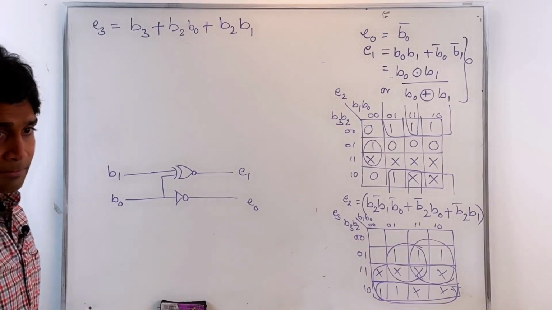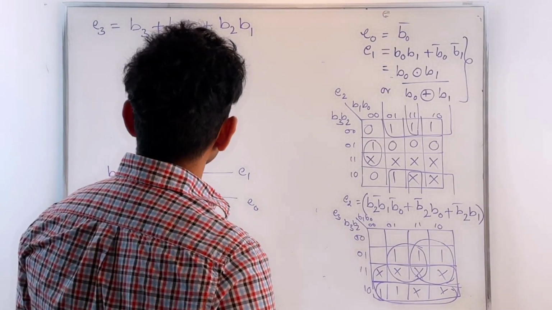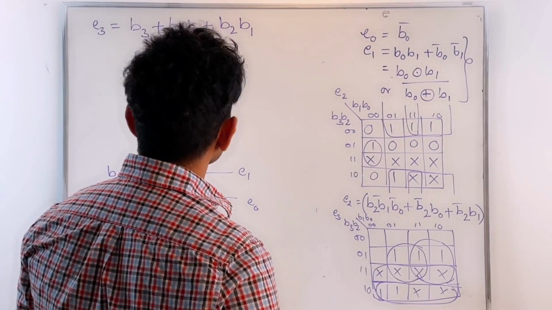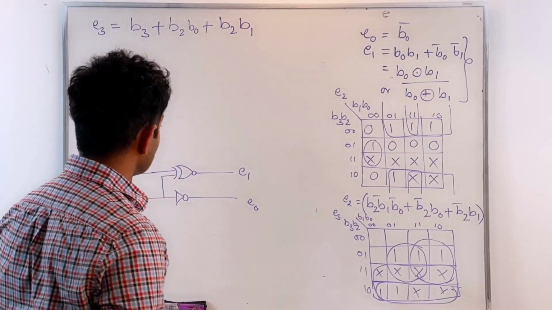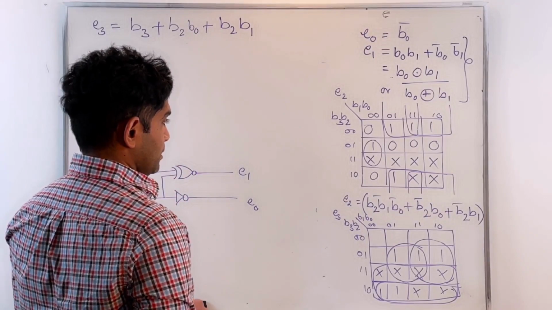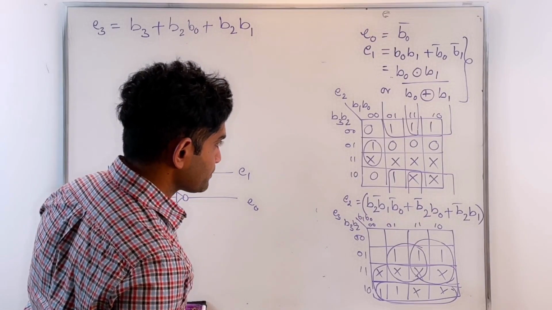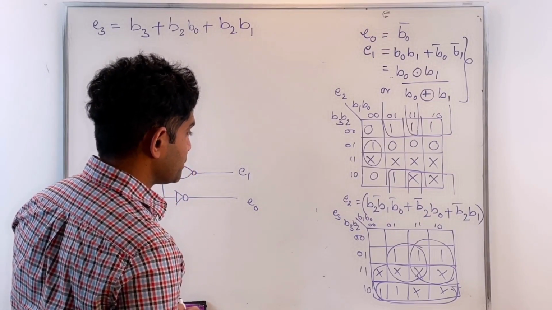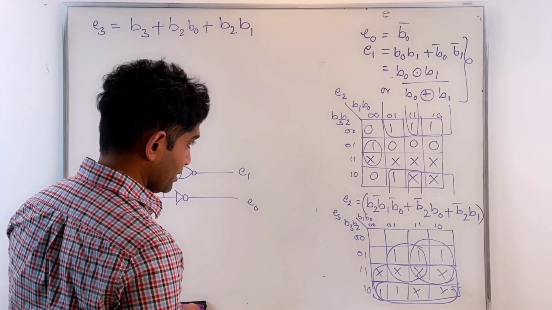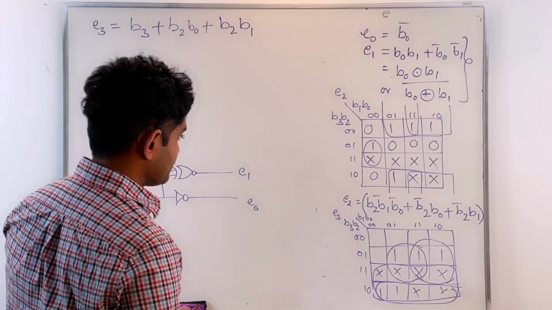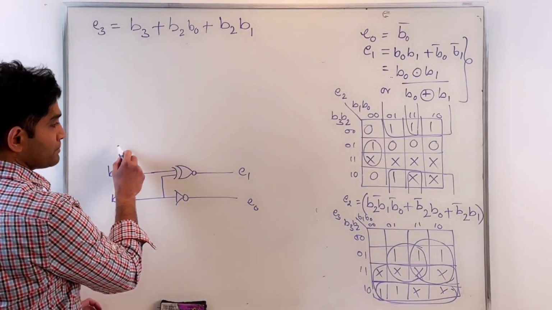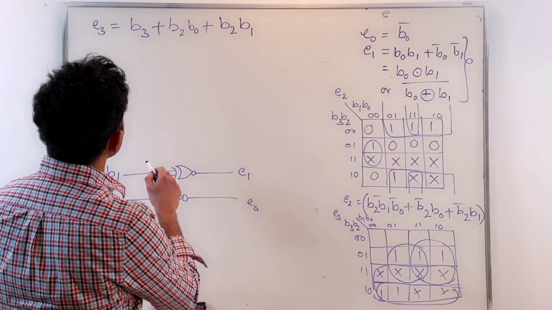Okay, that's E1. That's good. And then E2 is a little complicated. Let me see what I can do. B2, B1 prime, B0 prime. Let's see, E3 is fine.